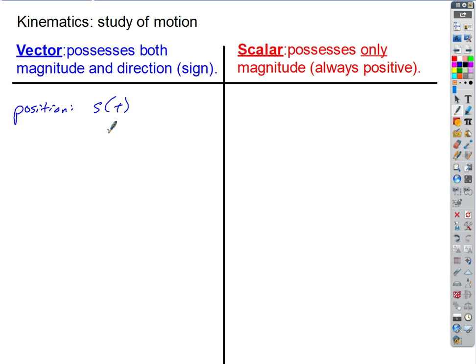In the example we used, if we look at motion along a straight line, where this is 0, this is positive 1, this is negative 1, the negative and the positive mean something. If that's the positive direction, positive 2 means it's 2 greater than 0, that means 2 to the right. A position of negative 1 means it's 1 less than 0, so it's got to be 1 to the left on this line.